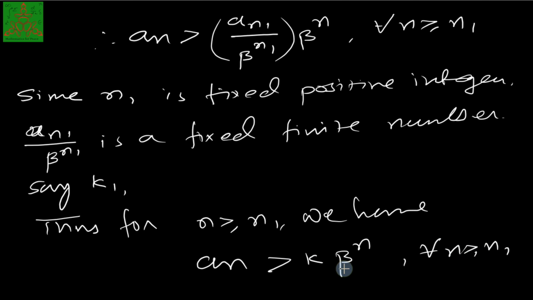But this summation of beta power n is a divergent series, since it is a geometric series with common ratio beta, and beta is greater than 1 here.